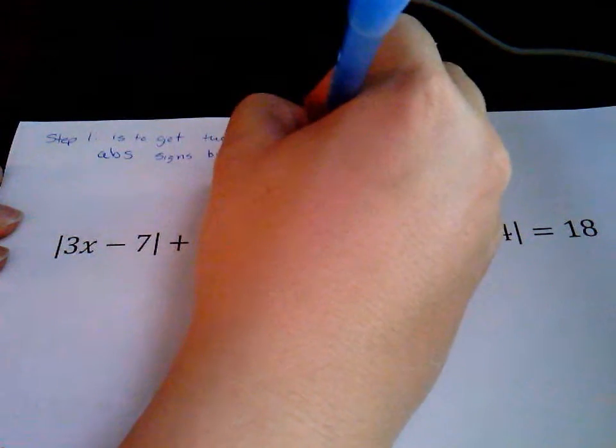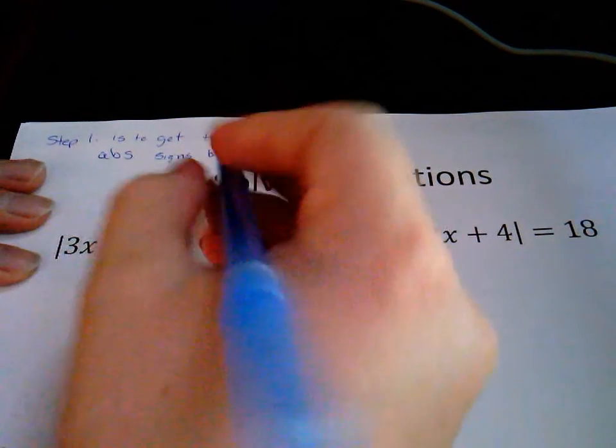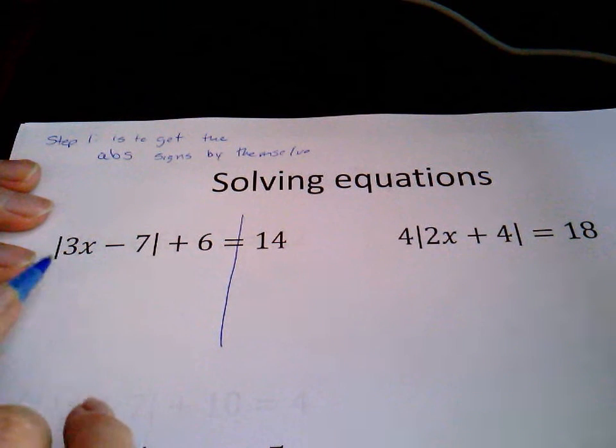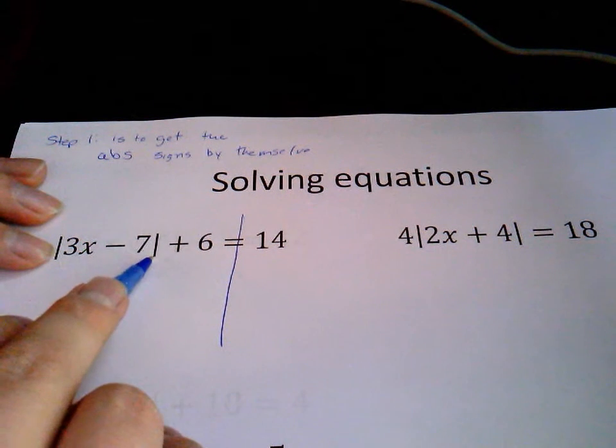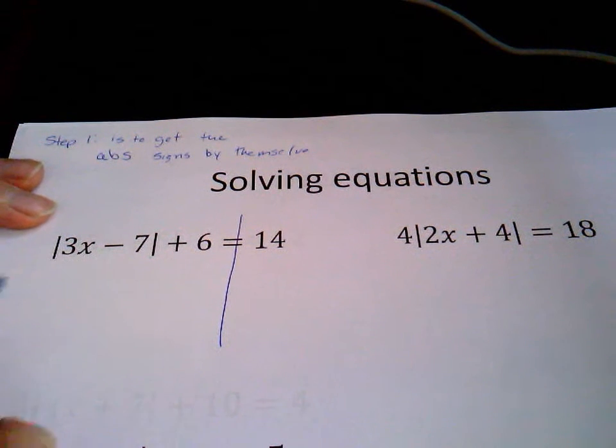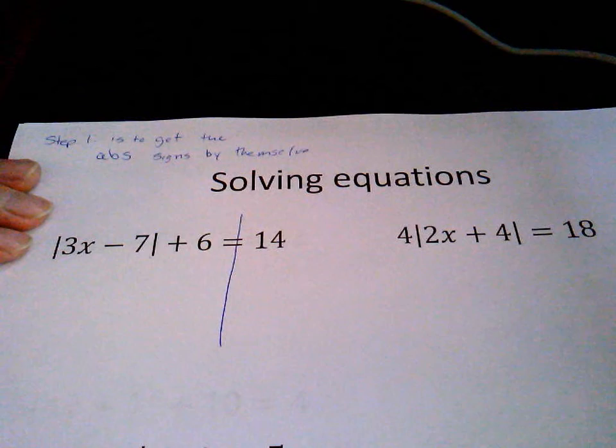What I mean by that is that there's two halves of the equal sign. You have the right and you have the left half. The half that it's on, there can be no numbers outside of it. That means that this +6, and if there was a number in front of it, those cannot be there. We need to get those by themselves. That's what step 1 is trying to tell us.